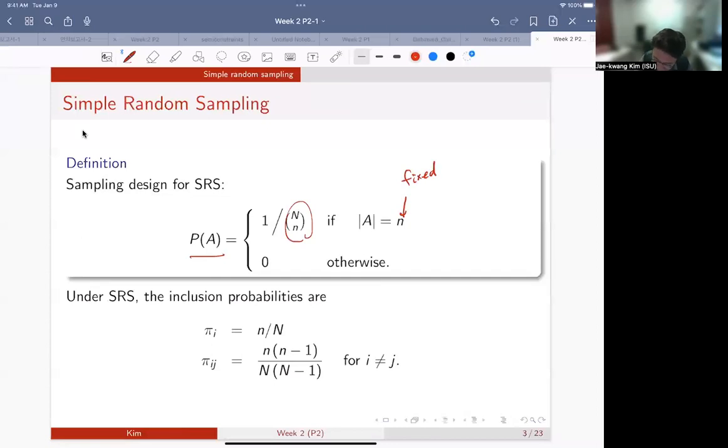We determine it, and n is known. Given capital N, if we choose a particular small n, then we know how many possible samples there are, and we can assign equal probability. That's it. In simple random sampling, the first-order inclusion probability is this, and the second-order inclusion probabilities are these. We covered this already.